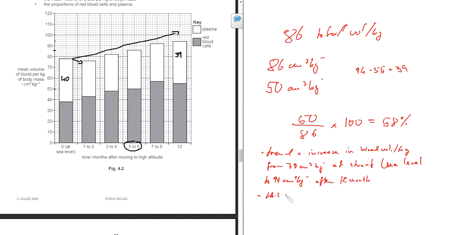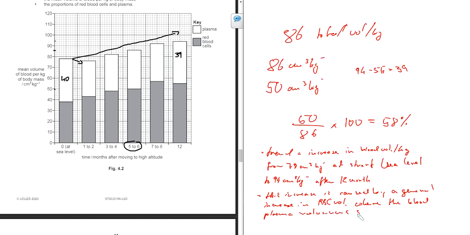This increase is caused by a general increase in red blood cell volume, where the blood plasma volume stays the same, with some minor fluctuations.